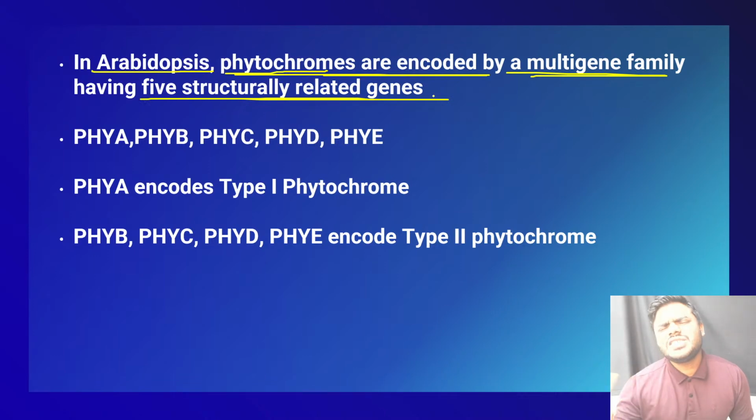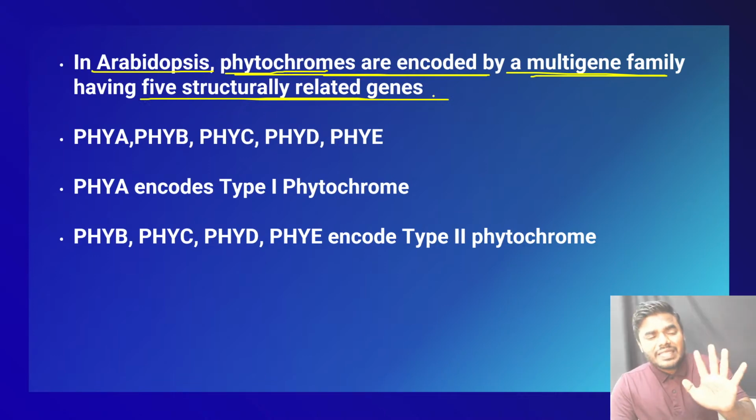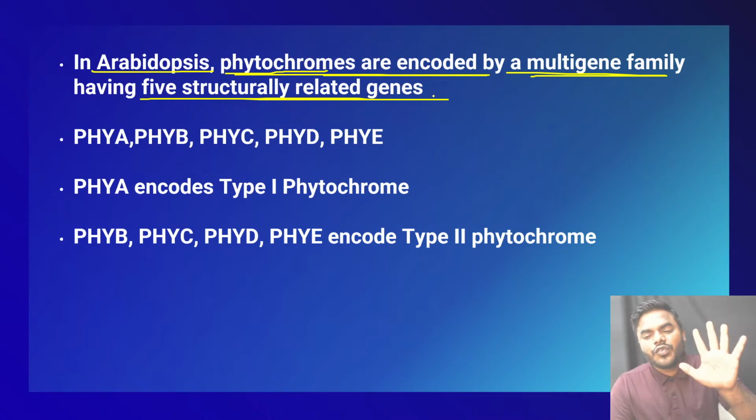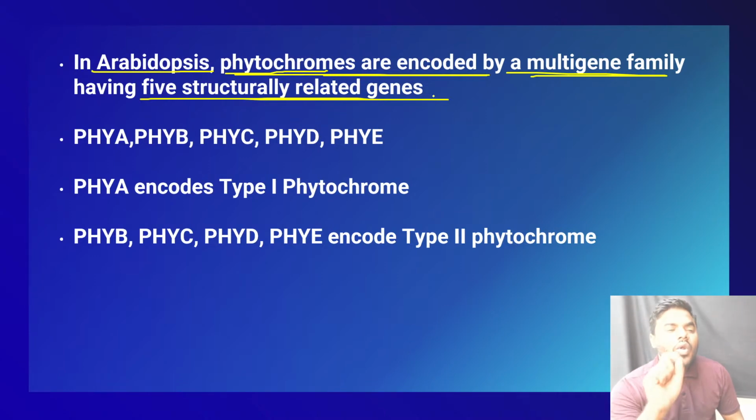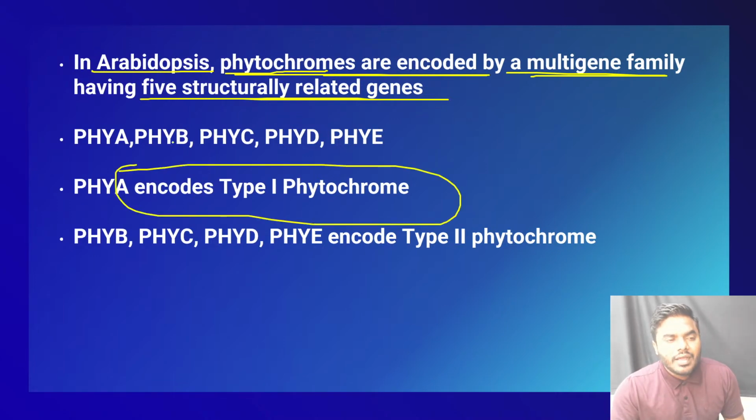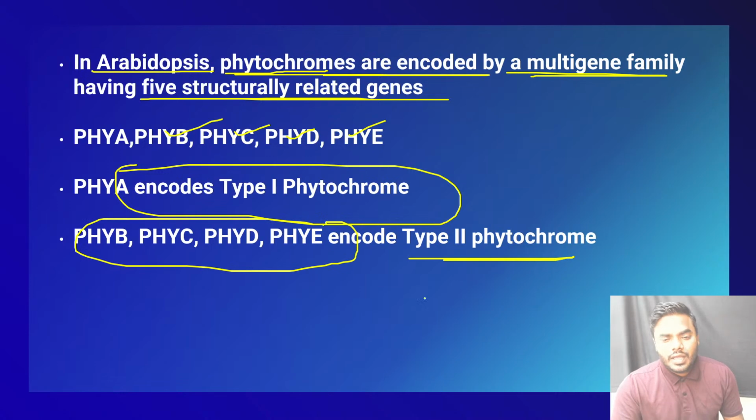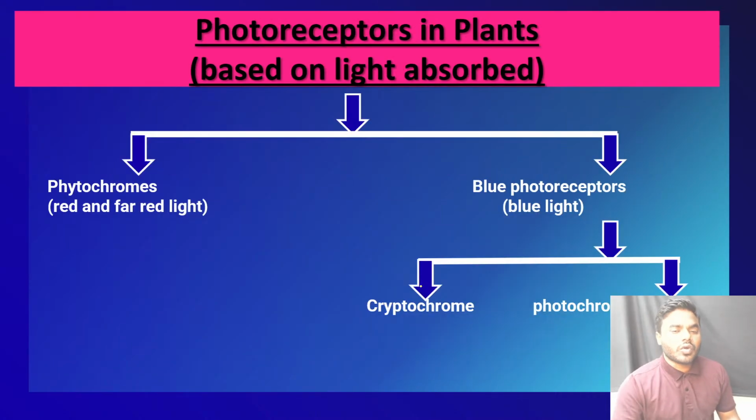See friends, it's easy to remember also. There are a total of 5 phytochrome genes, only 5: A, B, C, D, E. Everyone listen, only phytochrome A codes for type 1. B, C, D, E, these 4 code for type 2 phytochrome.